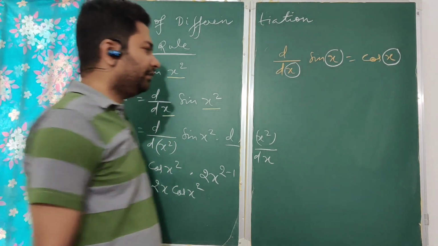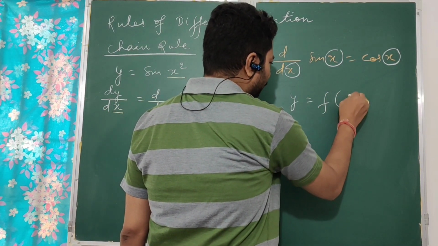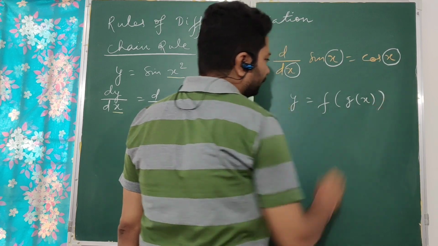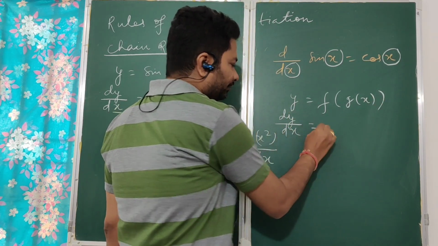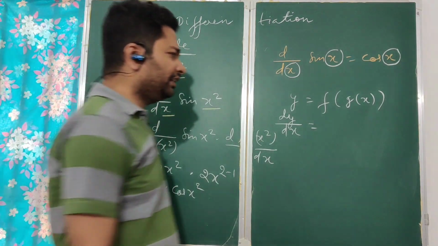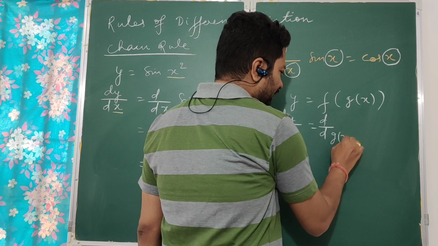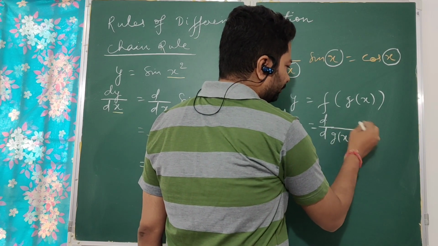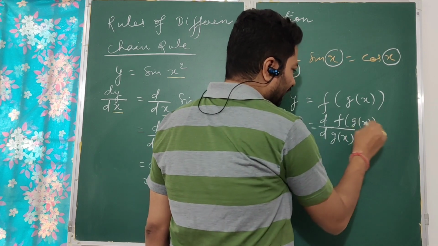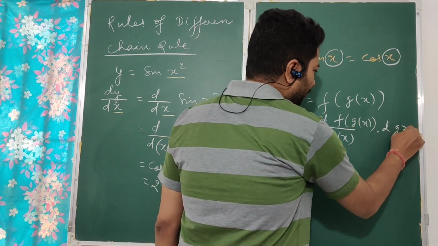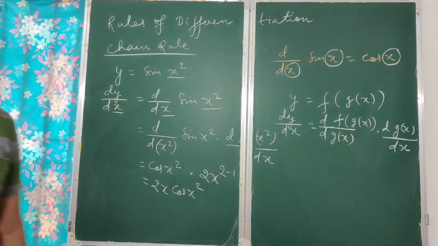So what we have done is, if we have a function of the form y is equal to f of g of x, and we want to find dy by dx, the first thing we do is differentiate f with respect to g of x, and then in the numerator we put the same thing, and then again differentiate it with respect to x.